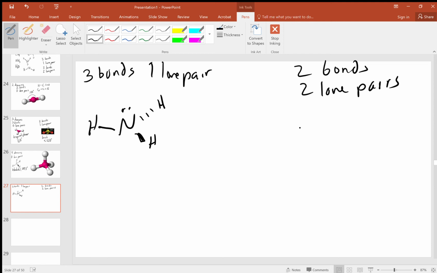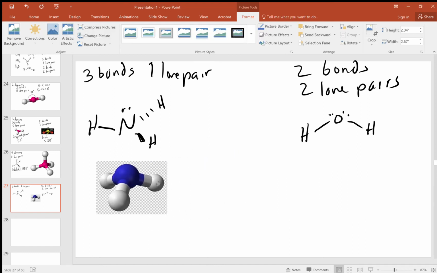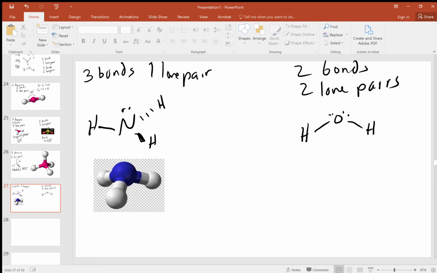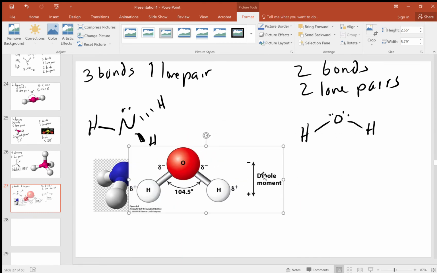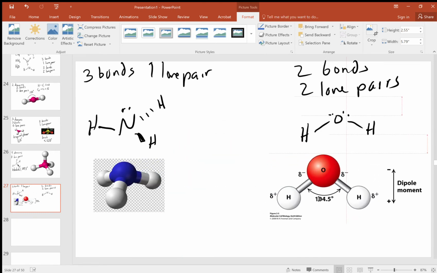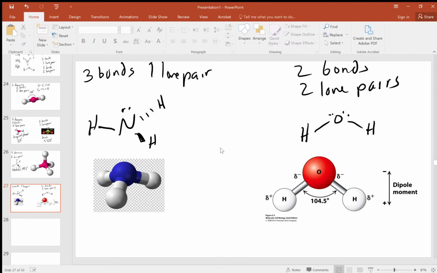And over here we have water. The geometries here, for ammonia we have what's known as trigonal pyramidal. And for water, we have bent. But notice, it's not the same bent as we saw for 2 bonds and 1 lone pair.